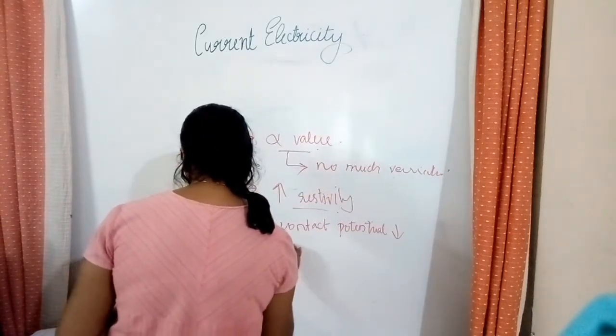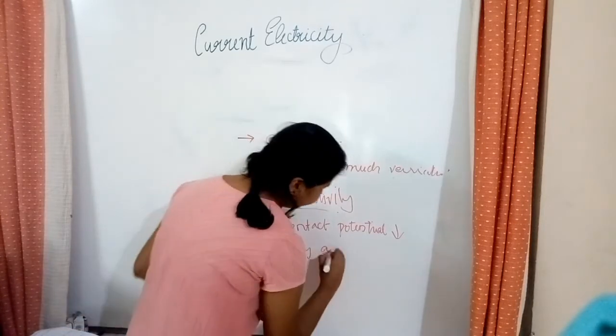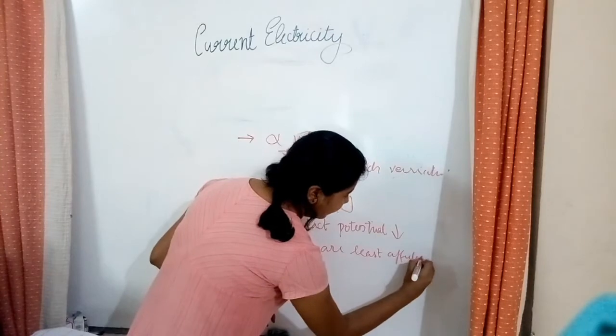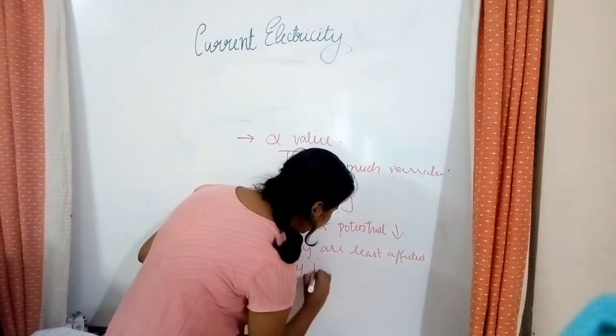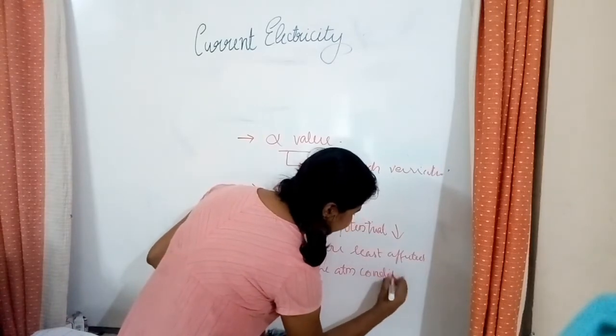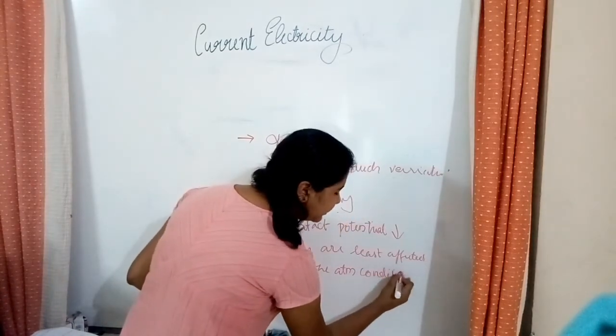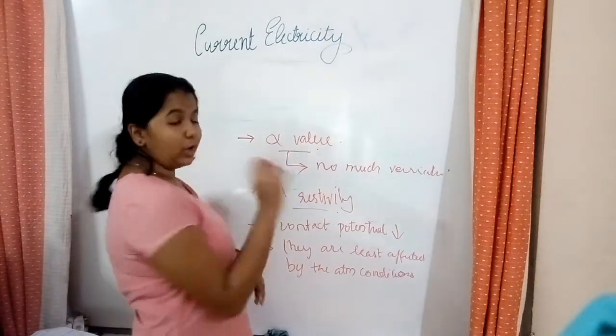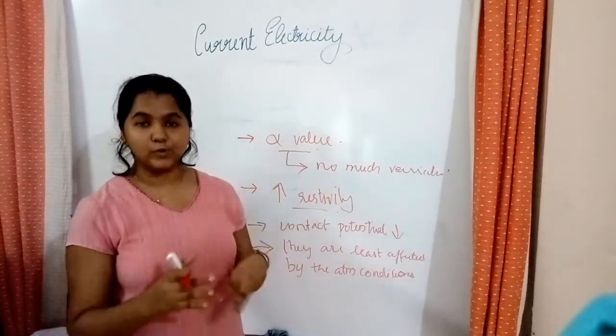Then our last point is they are least affected by the atmospheric conditions. Temperature change and humidity would not affect their working. So this is why semiconductors are used in resistances.